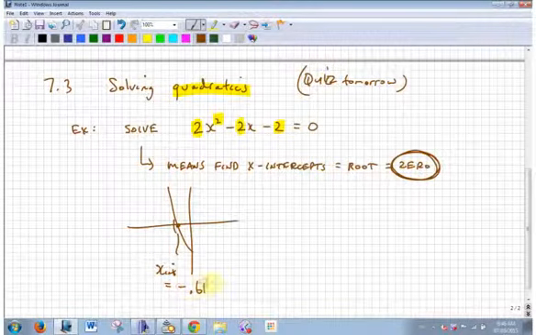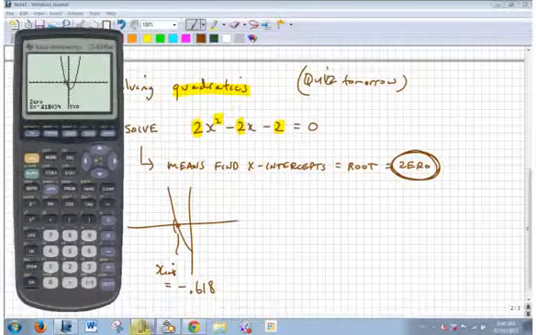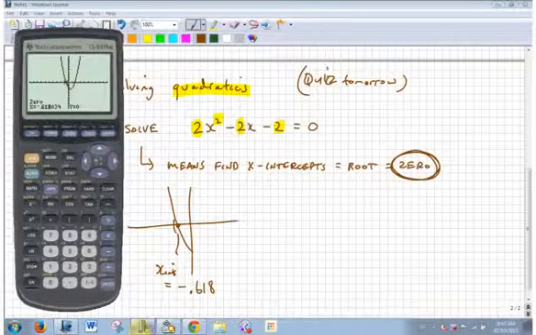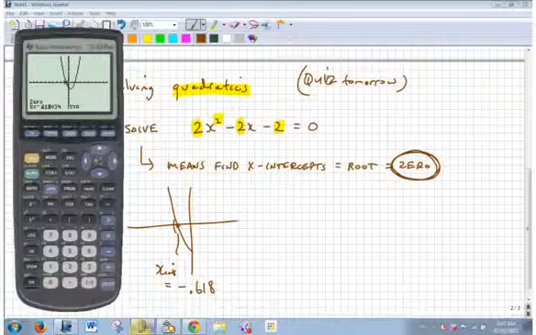Negative point, let's go to the 1000th place, 0.618. And that's really ugly to do algebraically. Pre-calculus kids do this. That's nasty, right? It's not a nice factorable thing that we could find an x-intercept for.